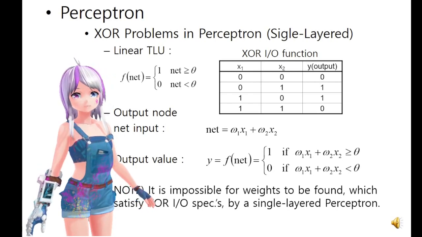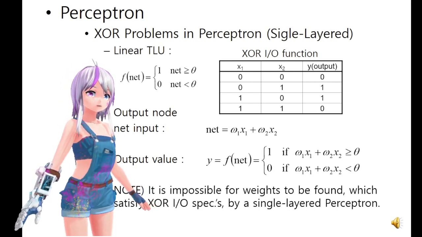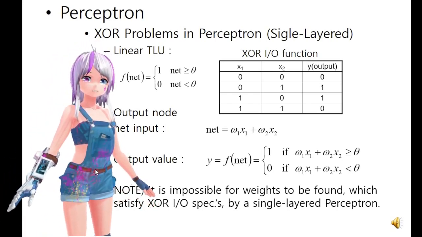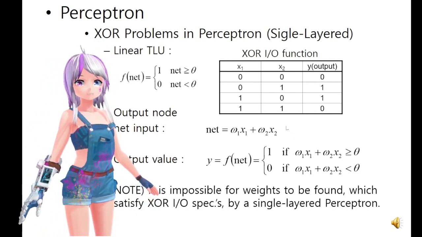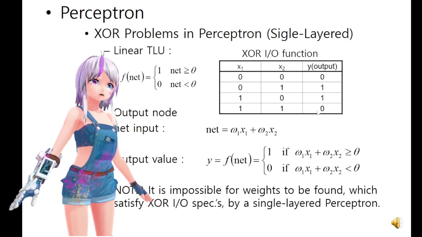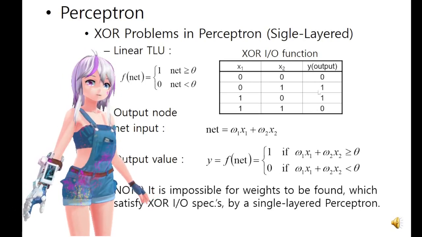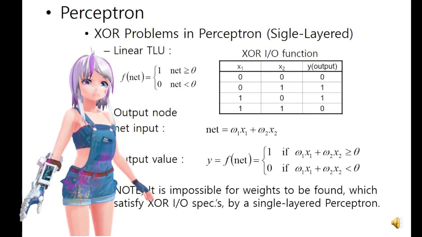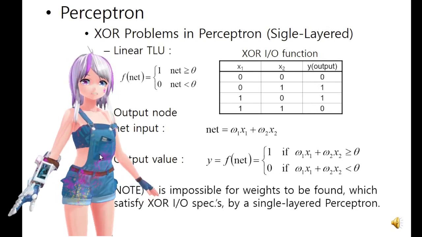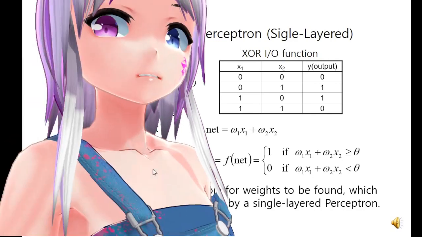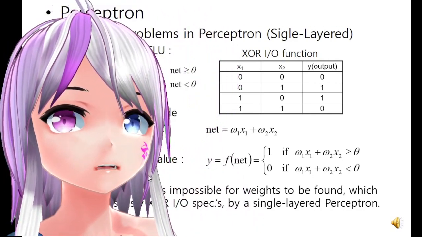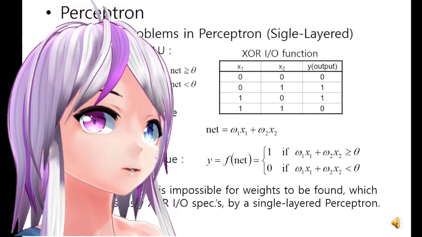Note that it is impossible to find weights that satisfy the exclusive OR input-output specification using just a single layered perceptron. Why? Because this is a non-monotonic function. We have two valleys and two peaks.